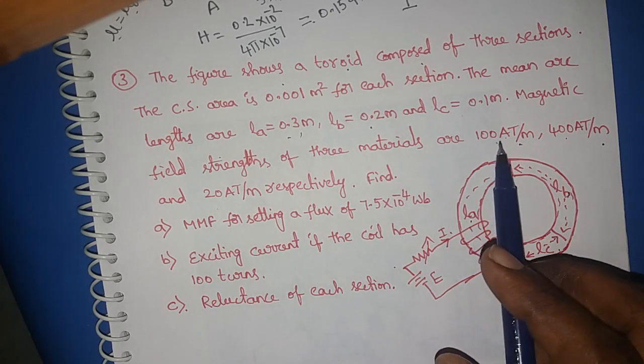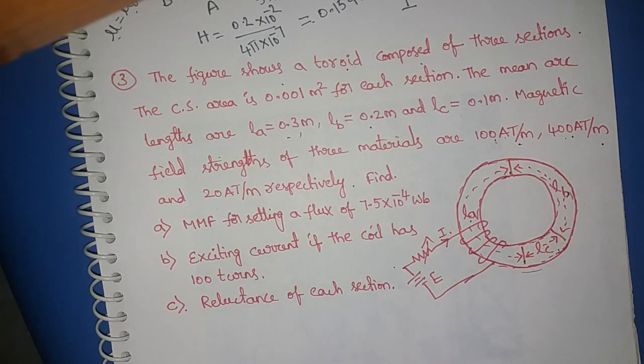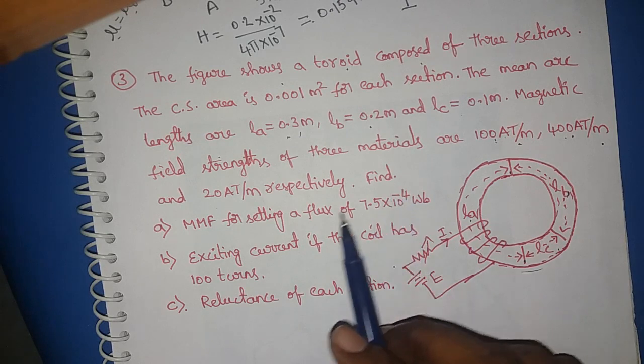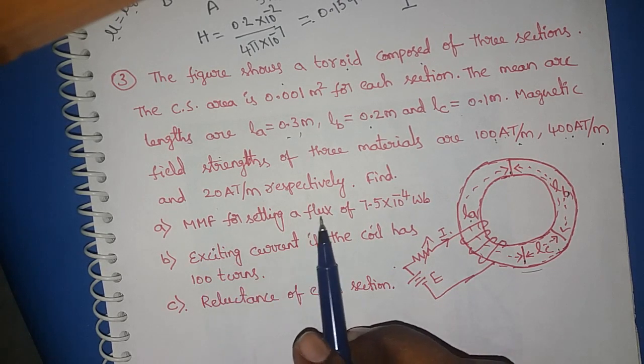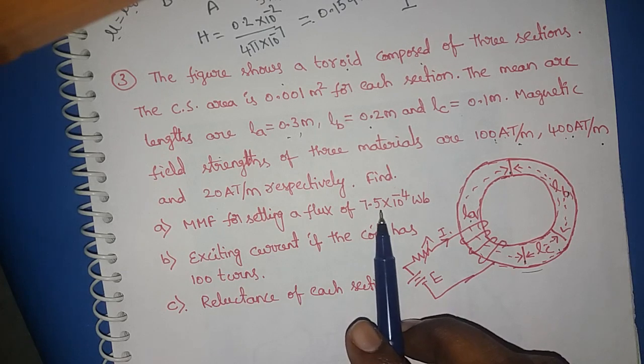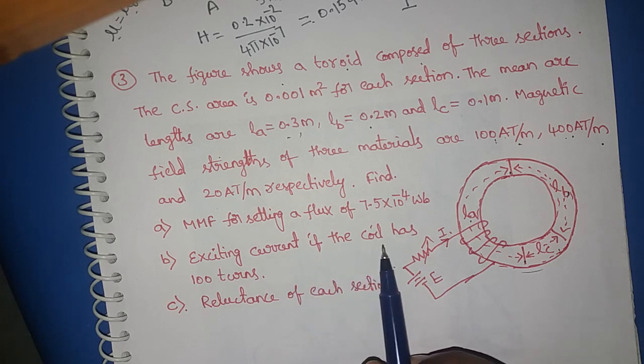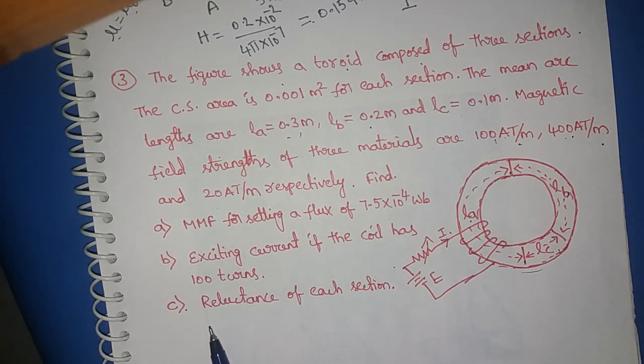That means he has given the values of HA, HB and HC. Then we need to find the MMF for setting up a flux of 7.5 into 10 power minus 4 Webers, the exciting current if the coil has 100 turns, and the reluctance of each section.